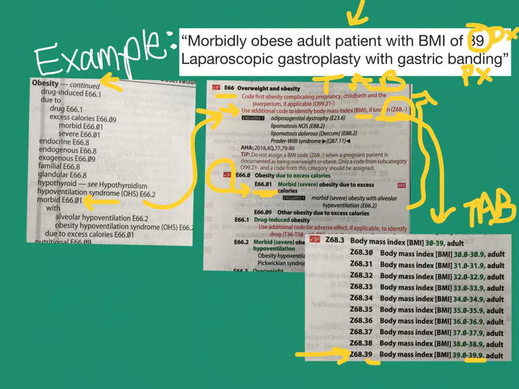So 2 codes so far from this diagnosis statement, the E66.01 for the morbid obesity and the Z68.39 for the body mass index.